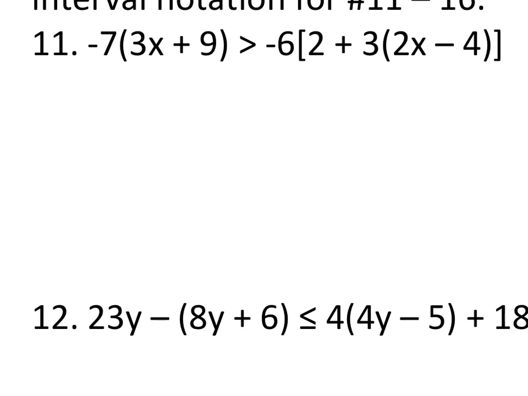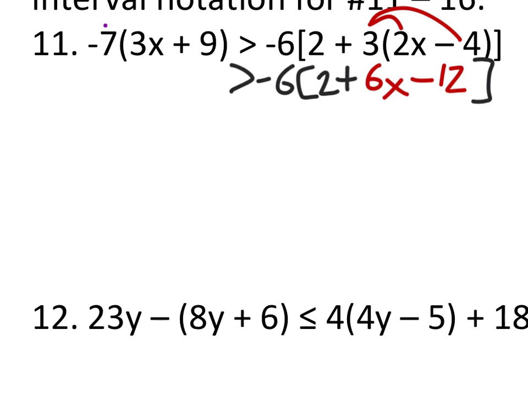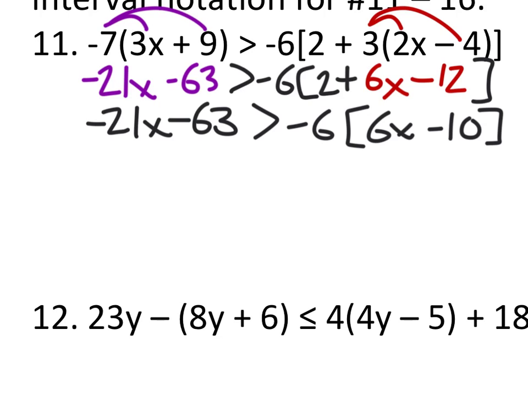Alright, so on this one, first thing I need to do is distribute that 3. So I've got a 6x minus 12 and the parentheses, and I'll distribute that -7. Okay, so this is where I'm at. Inside that right parentheses, I can combine like terms, and that would give me, alright, from here I will need to distribute that -6.